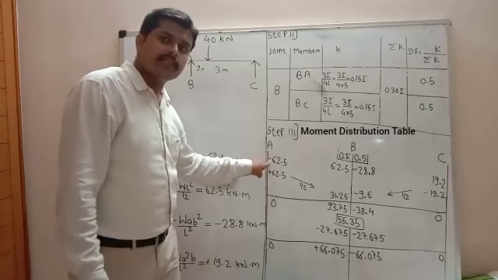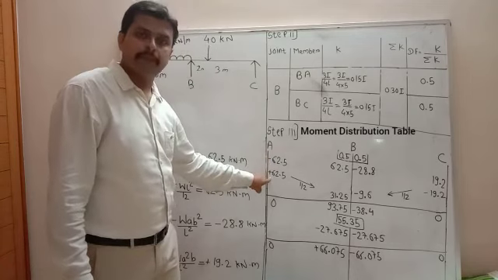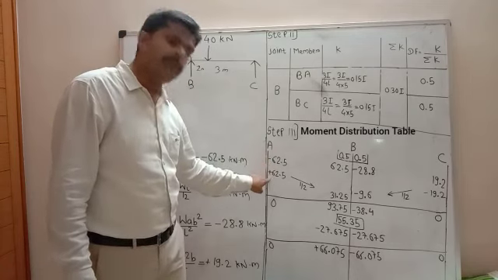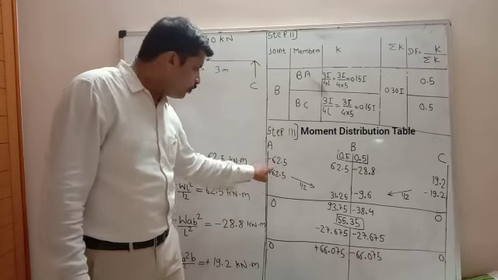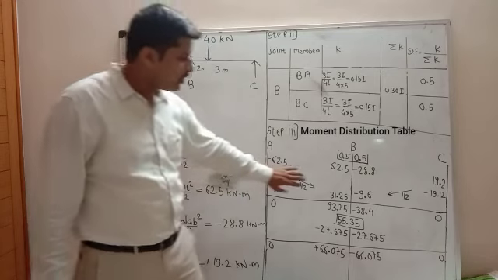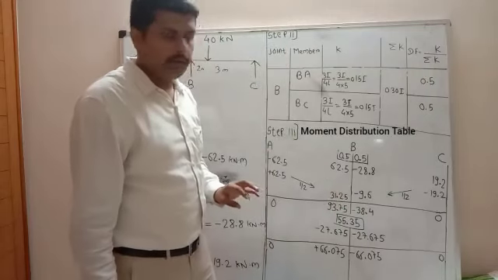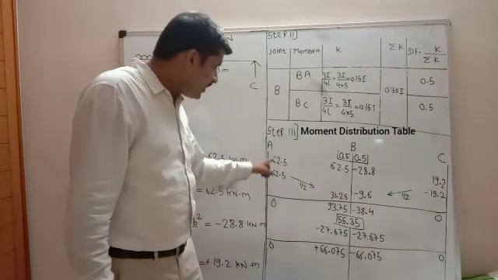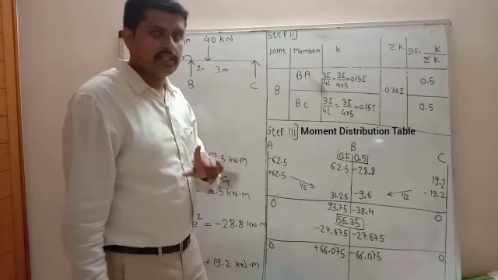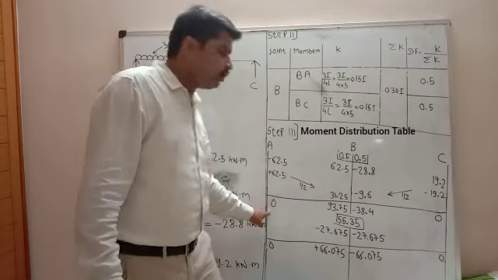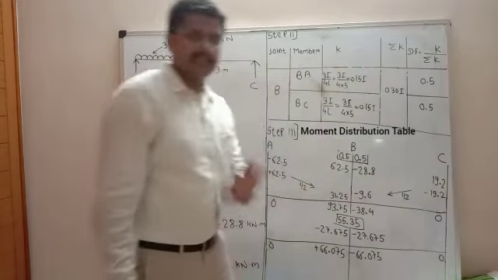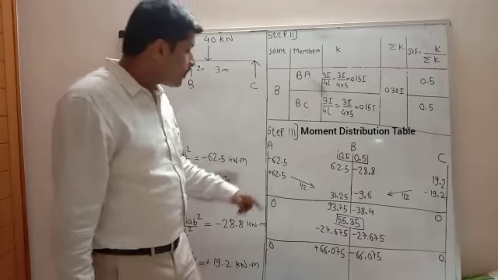If it is minus, then this will be plus. If it is plus, this will be minus. So write down plus 62.5. Again write down minus 19.2. So make it 0 first. So this will become 0. This will become 0.